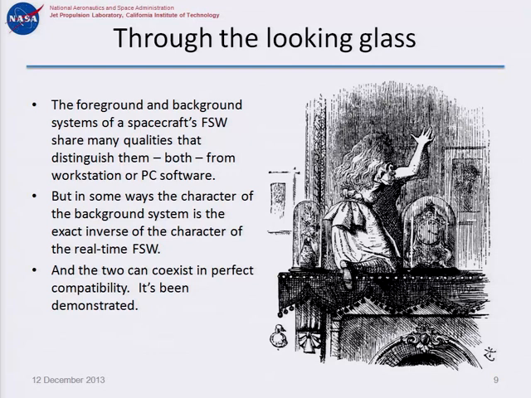And the key here is that the two systems can coexist in perfect harmony. We've demonstrated this. I'll have an example toward the end. There's no incompatibility between real-time flight software and background systems that do data management in a completely non-real-time way, operating within the same processor.